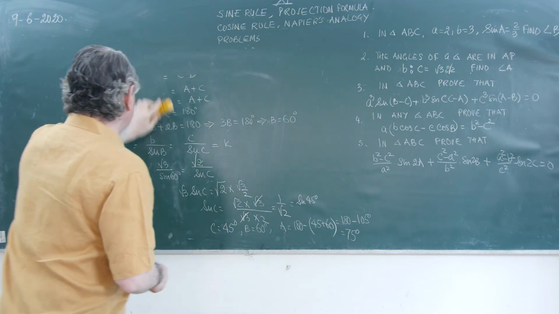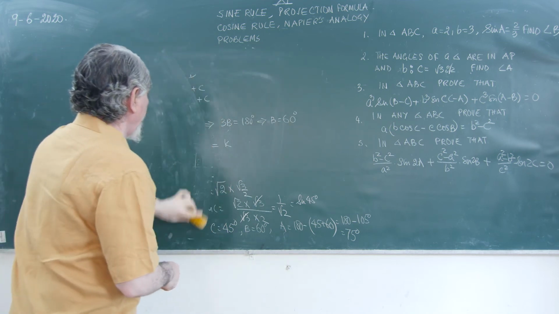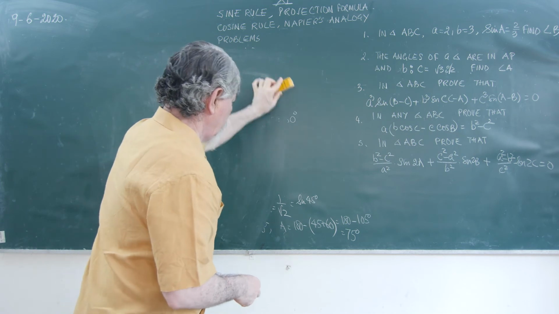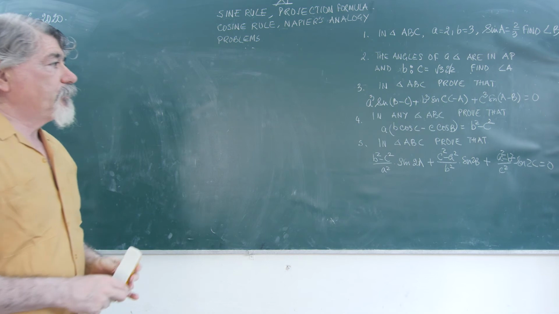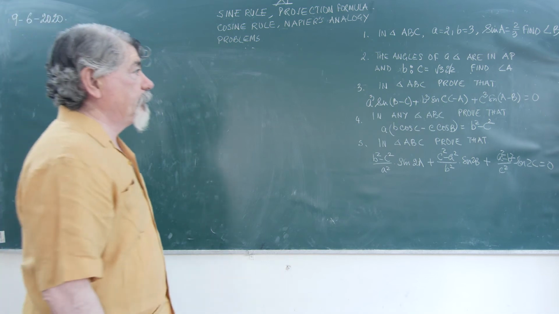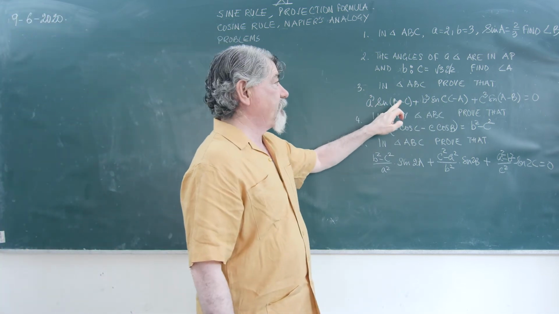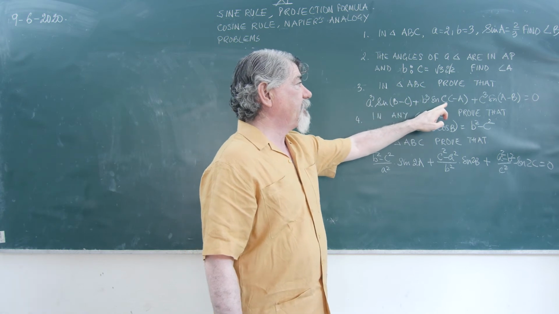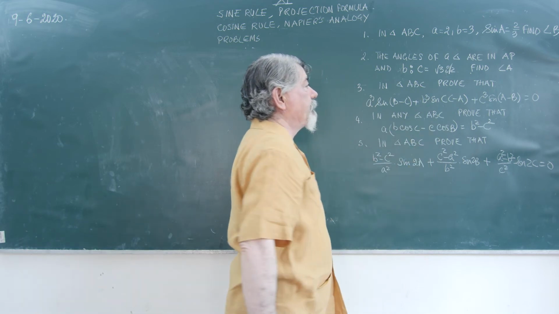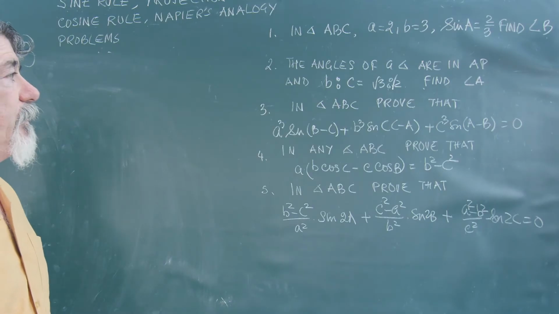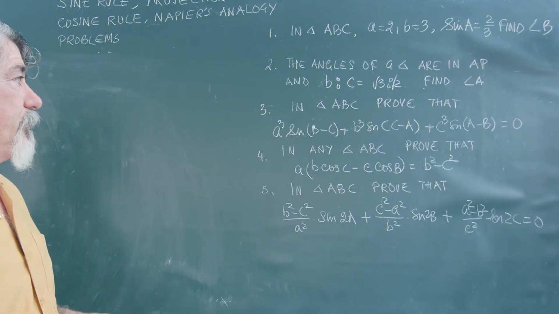Now let us see question number 3. In question number 3, if you look, it is a cube sine (B minus C) plus b cube sine (C minus A) plus c cube sine (A minus B) is equal to 0.